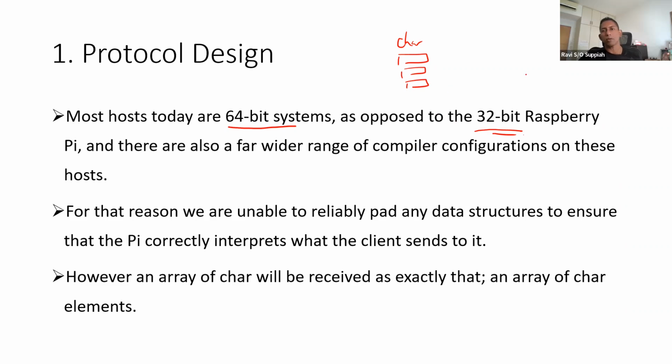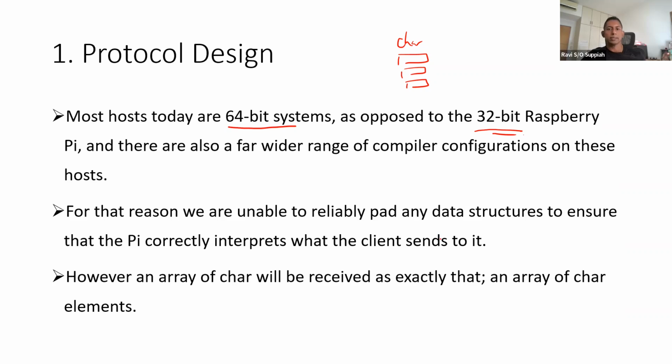So of course we know this, and we can hack it to solve this. But once you go out to the network and we are dealing with other operating systems and other devices, we can't really say how they are all configured. So trying to pad the data structures correctly will be a nightmare.